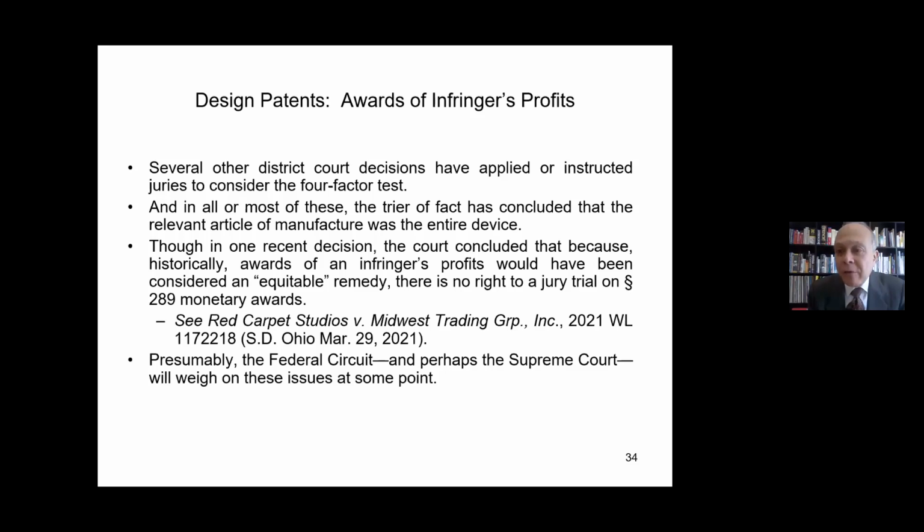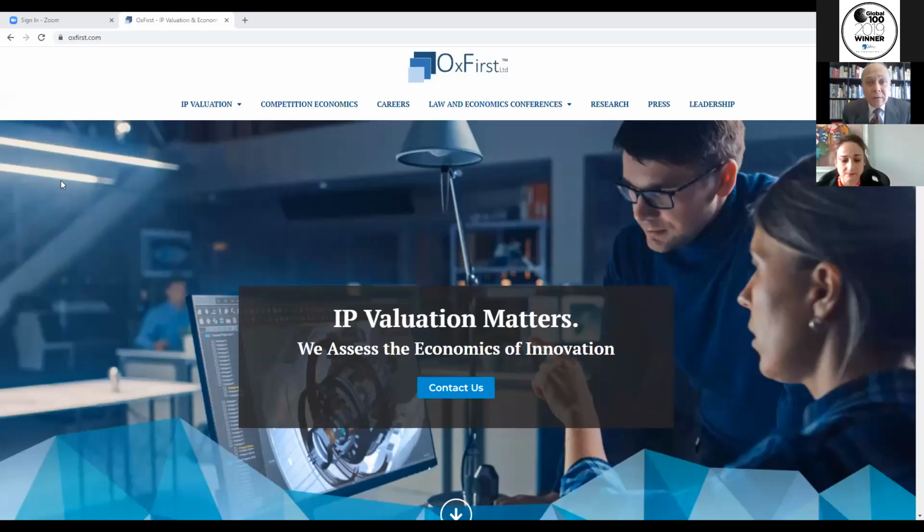So, in the U.S., prejudgment interest is routinely awarded in patent cases. That is not always the case in other countries. Different countries have different rules on this. In the US, prejudgment interest is generally going to be awarded.